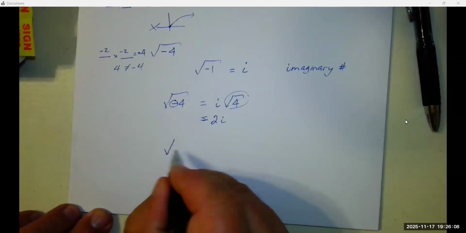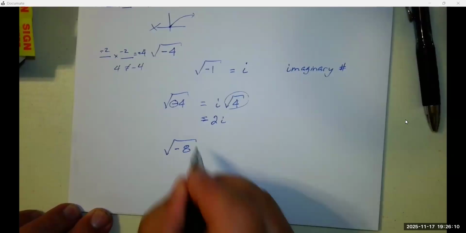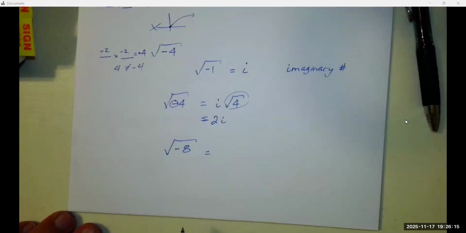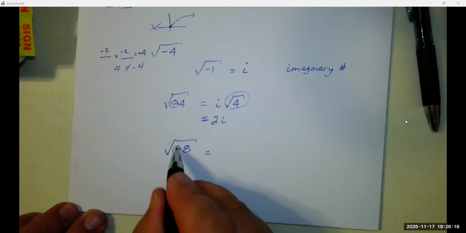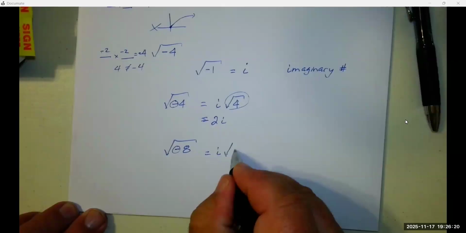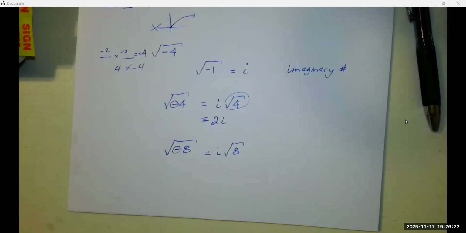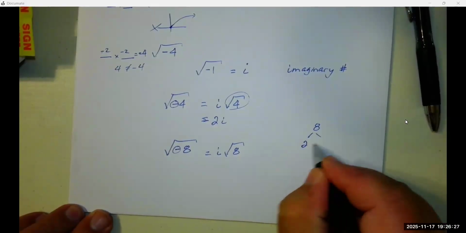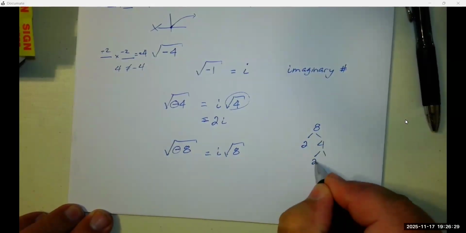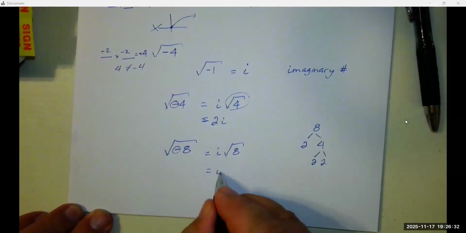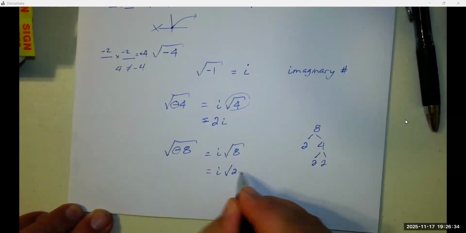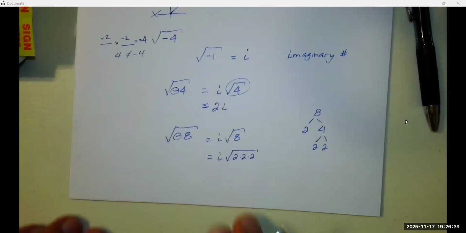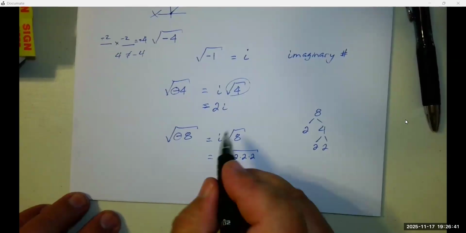So for example, if we had square root of negative 8, okay, automatically there's a negative in there, so we know there's an i. So we take out the negative from inside. 8 breaks down to 2 times 4. 4 breaks down to 2 times 2. So it's 2 times 2 times 2 under the square root.